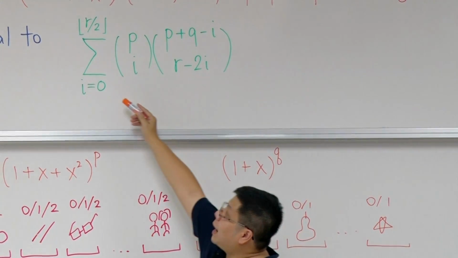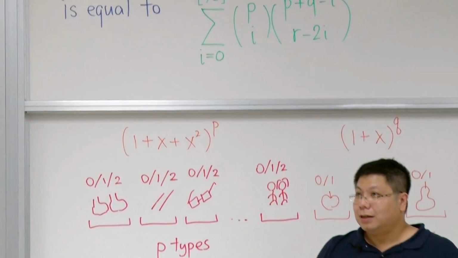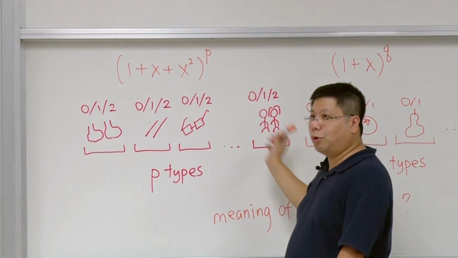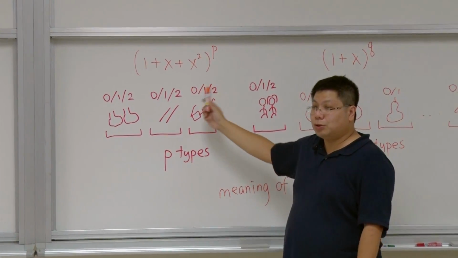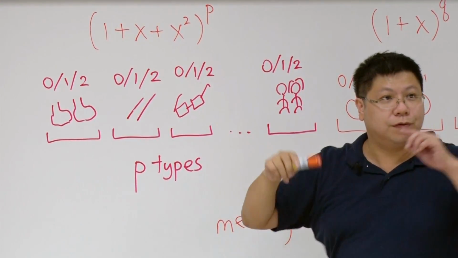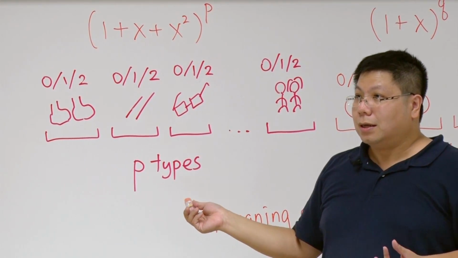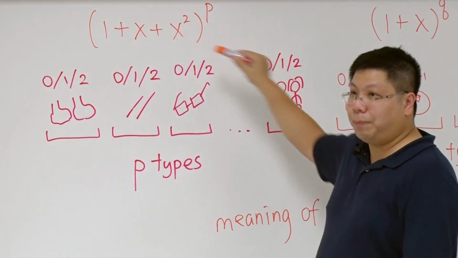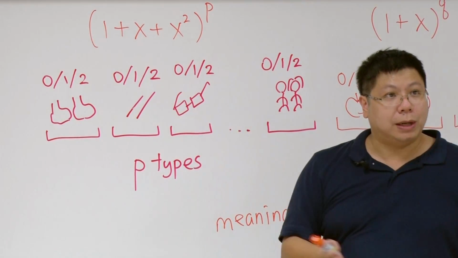The rule of sum counts how many cases there are. Maybe I'm choosing 0 pairs, 1 pair, 2 pairs, or up to r over 2 pairs. If I'm choosing exactly i pairs, how many ways are there?